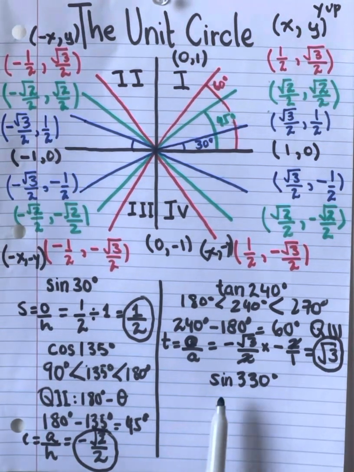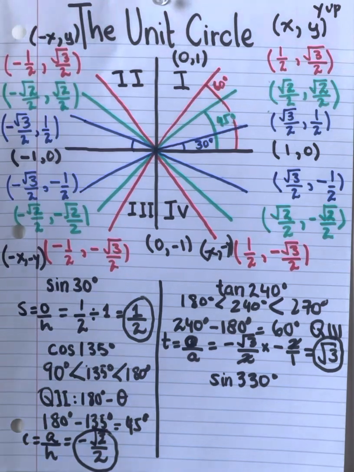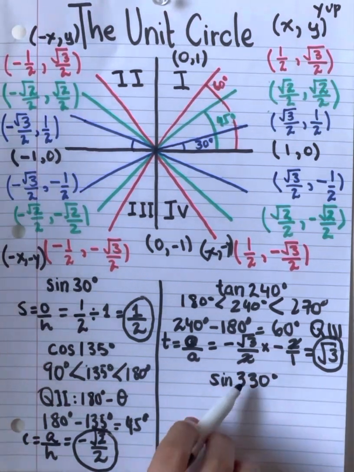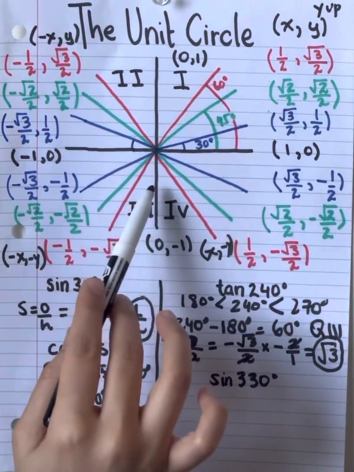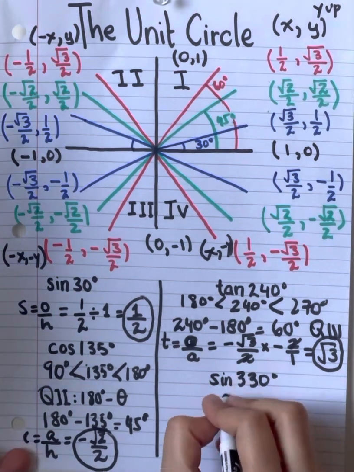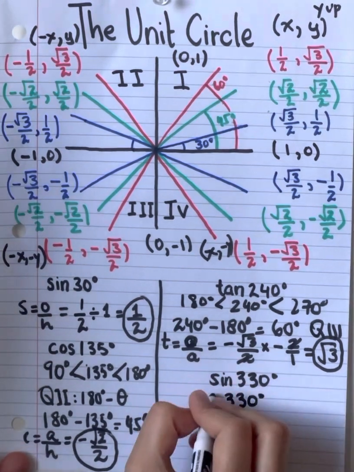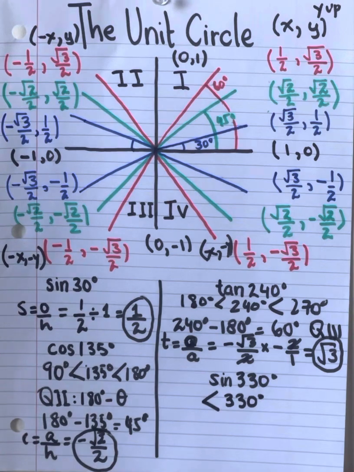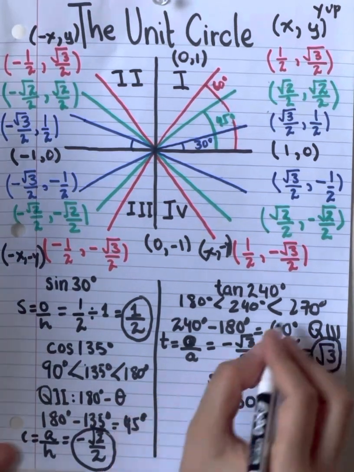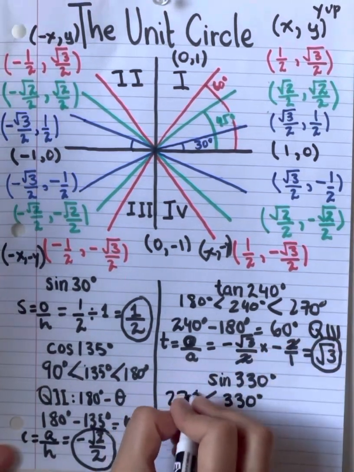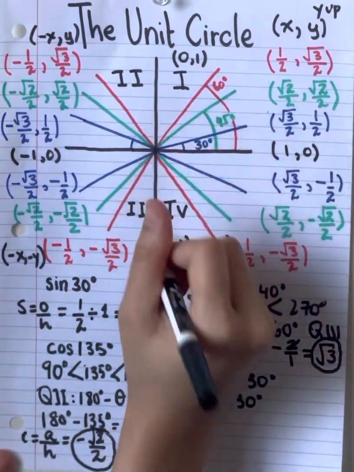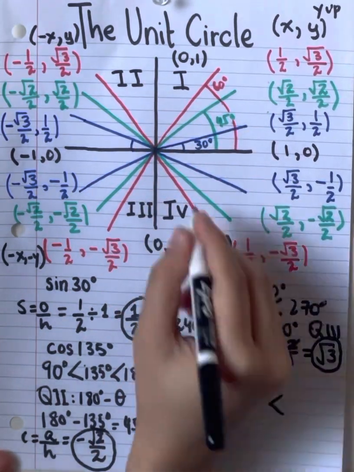Now, sine 330 degrees. First we have to locate 330 degrees on our unit circle. 330 degrees is greater than 270. So here is the 270, and it's less than 360.